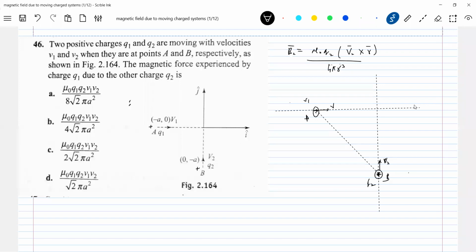We do it in vector form. So what is the position vector R bar? You can define it as minus A i cap plus A j cap.